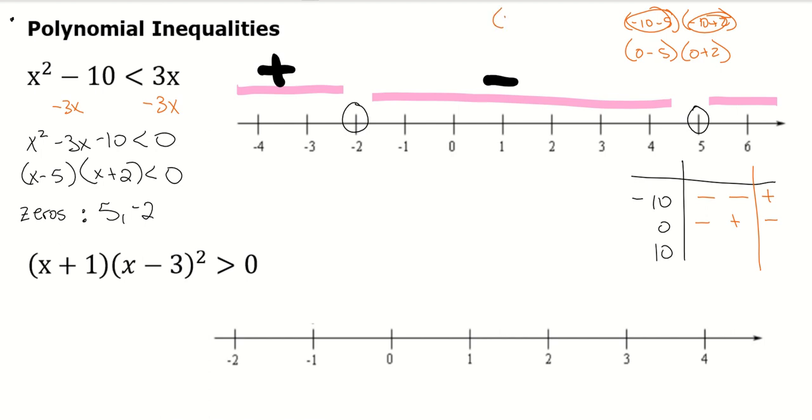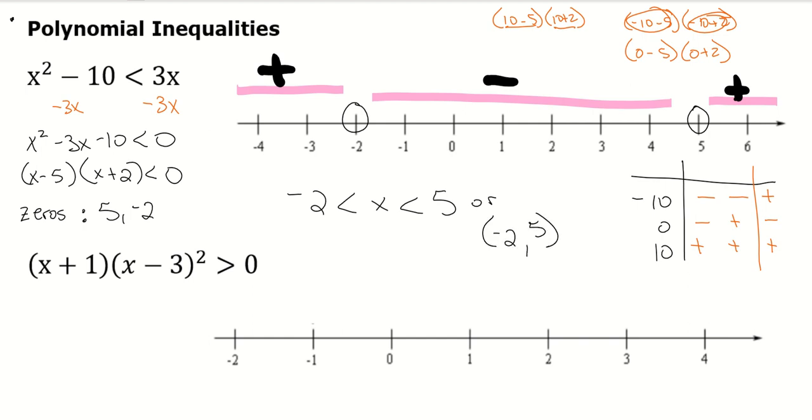So I'm going to plug in a positive 10 minus 5 and a 10 plus 2. This one, positive. This one, positive. 2 positives makes a positive. So this region is positive. So everything that I need that makes negative solutions will be in between negative 2 and 5. Or I could write it as negative 2, comma 5.